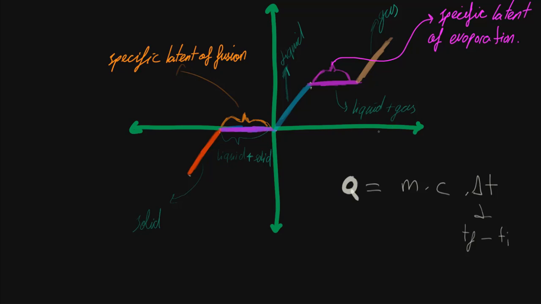In these parts we use a formula that includes heat equals mass times latent heat of evaporation, for the state between liquid and gas. Also there's a part left, and for this part we use heat is equal to mass times latent heat of fusion.